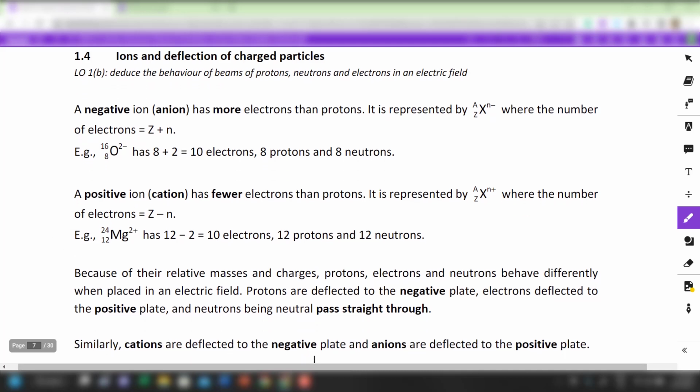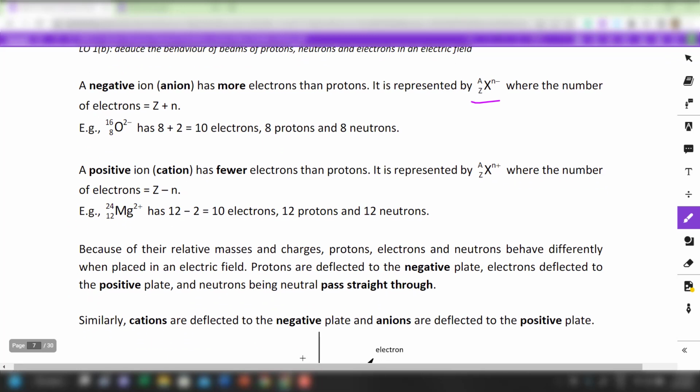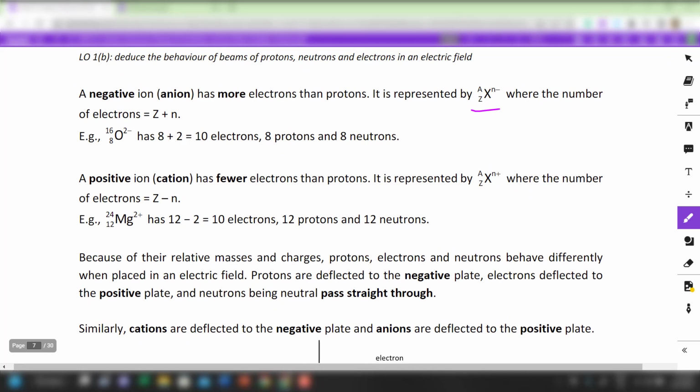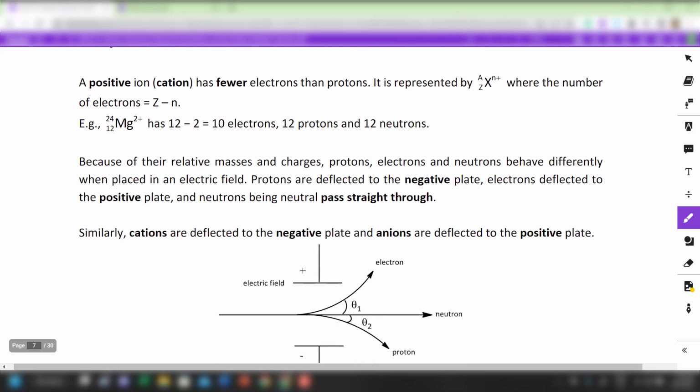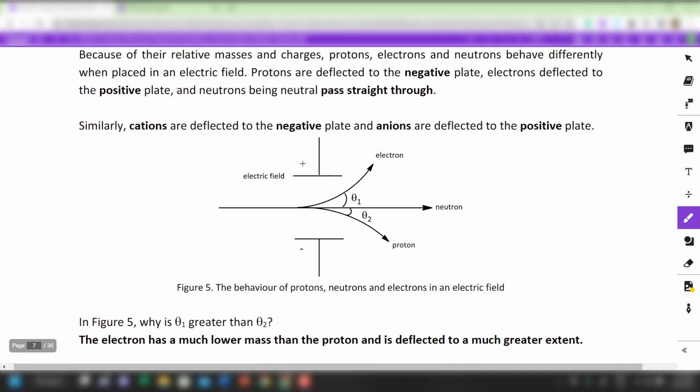Negatively charged ions are called anions, positively charged ions are called cations, and they are deflected by the electric field. Electrons or negatively charged ions will be deflected towards the positively charged plates. Protons or positively charged cations will be deflected towards the negatively charged plates. Neutrons will not be affected.